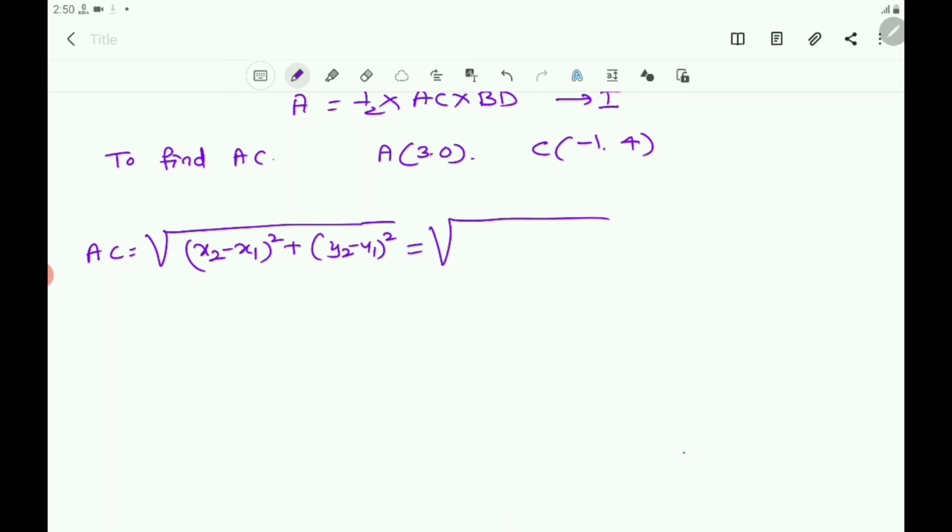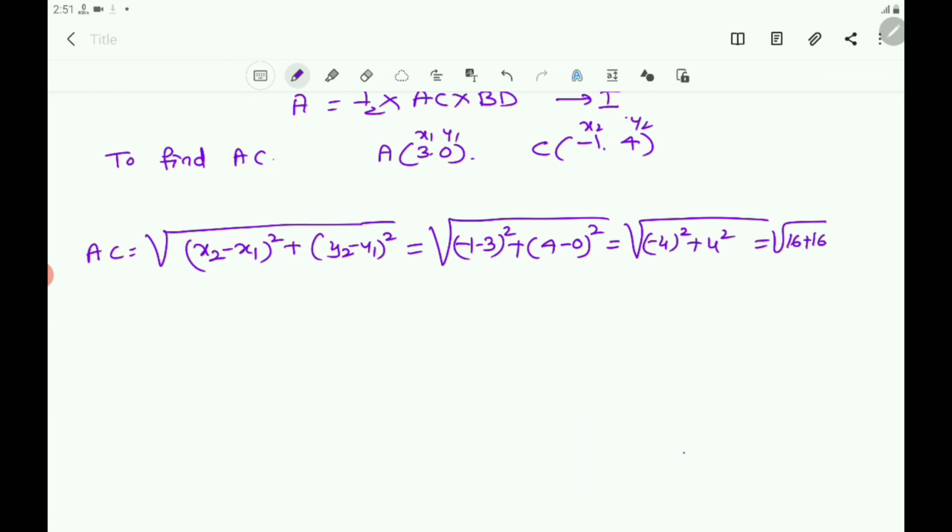Take this as x1, y1, x2, y2. So x2 minus x1 is -1 minus 3 whole square, plus y2 minus y1 is 4 minus 0 whole square. Then (-4) whole square plus 4 square equals 16 plus 16, root of 16 plus 16, root 32. That is root 32.